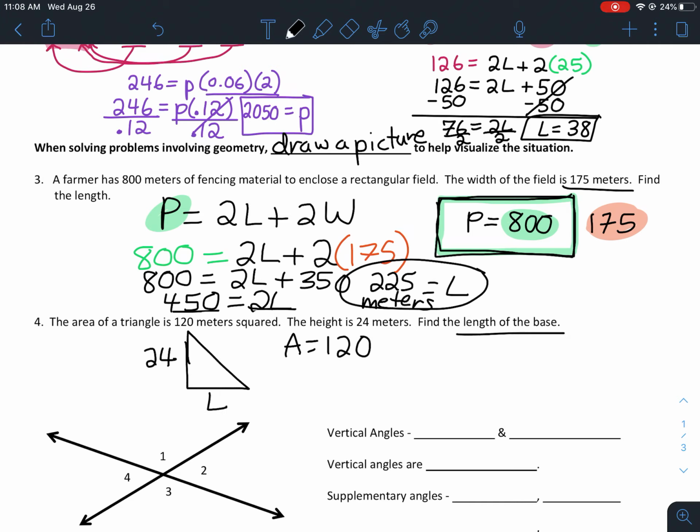So I want to find this. Well, here we're going to need the area of a triangle formula. There's 2 different ways that you can do this. The area of a triangle is either base times height divided by 2, or 1/2 base times height. You probably have used this before, so whichever you prefer. I'm going to use the base times height divided by 2. I think it's a little easier for this one.